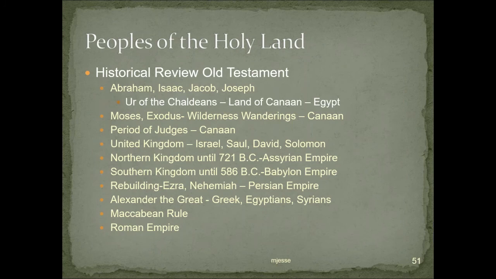So in terms of a general review, we think about all the different people and the time frames and the effect they had on the Holy Land and on the Israelites. We have Abraham, Isaac, Jacob, and Joseph.